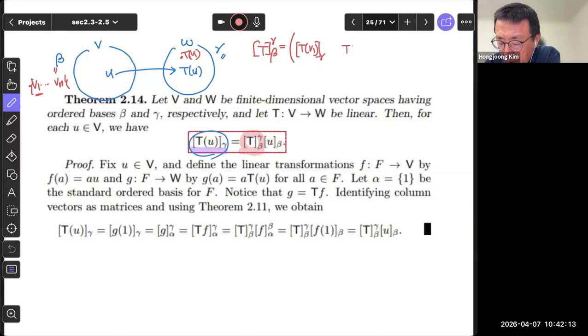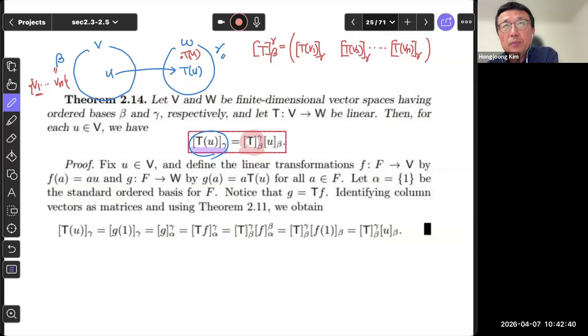Then you map the next vector in beta and represent it with respect to the basis gamma. You do this up to Vn. You identify these column vectors and construct this matrix.